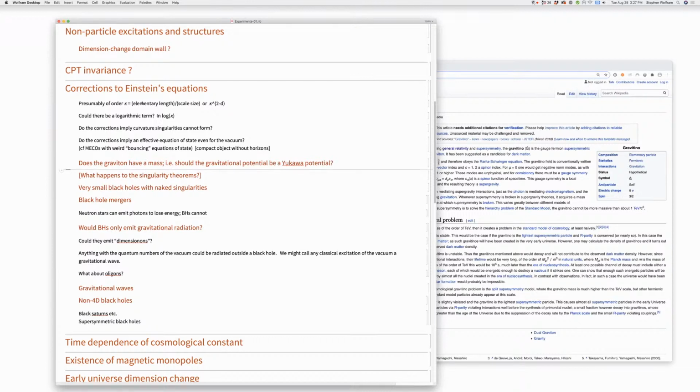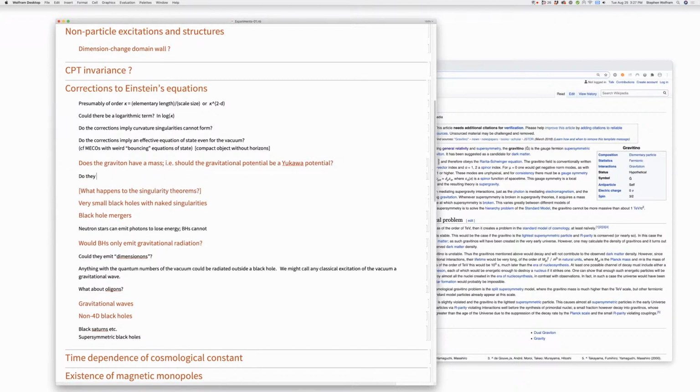Do you believe that these higher order corrections lead to a non-zero mass, essentially a mass gap for gravitational waves? Because that's what you'd expect if it's a massive particle propagating rather than a massless one.